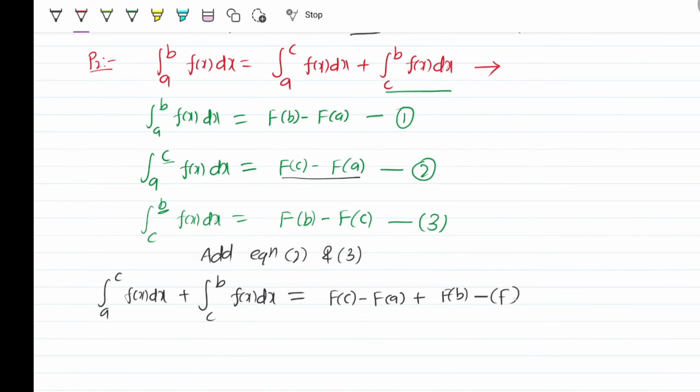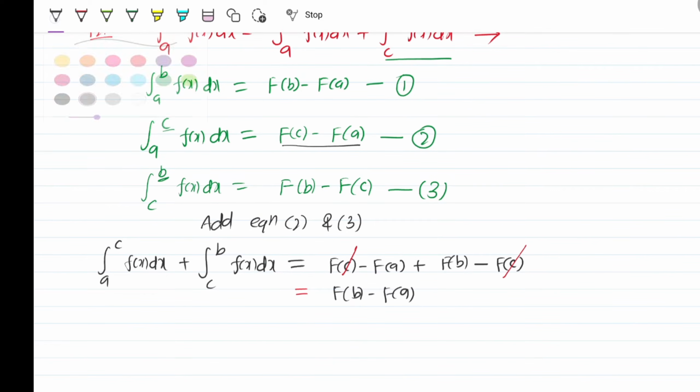Now you can see F(c) and F(c) cancel. So what we are getting? We are getting F(b) minus F(a), and F(b) minus F(a), from equation 1 or by using the fundamental theorem, is the same as integral a to b f(x) dx.